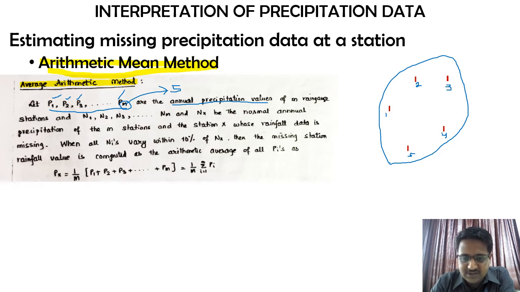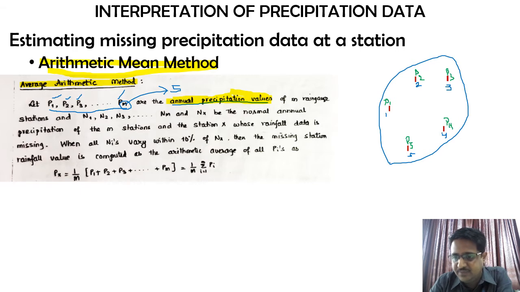So here, if I write it, this is P1, this one is P2, here I have P3, here I have P4, and here I have P5. Please check out, P is indicating just the annual precipitation values.